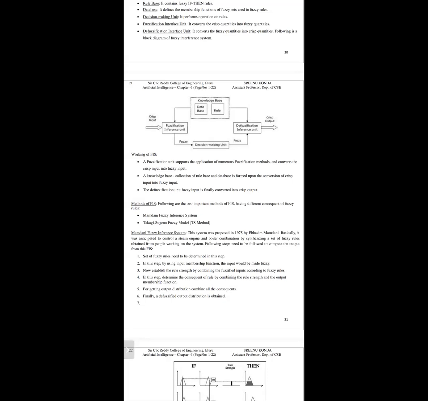The input on how to process the steam engine along with the boiler is taken from people and put in the form of fuzzy sets. So then the system does everything without human involvement. Okay, right. So it is used to control a steam engine and boiler combination by synthesizing a set of fuzzy rules obtained from people working on the system.